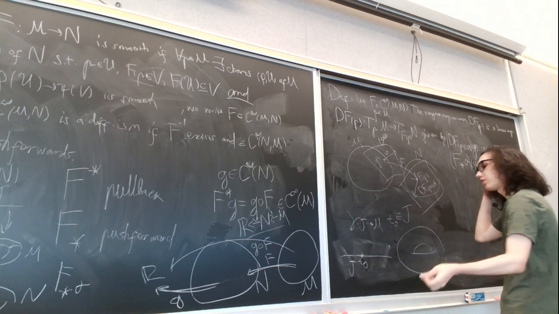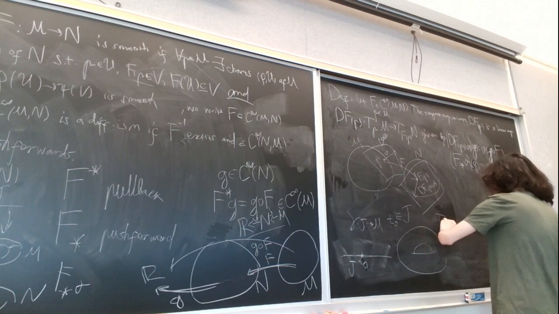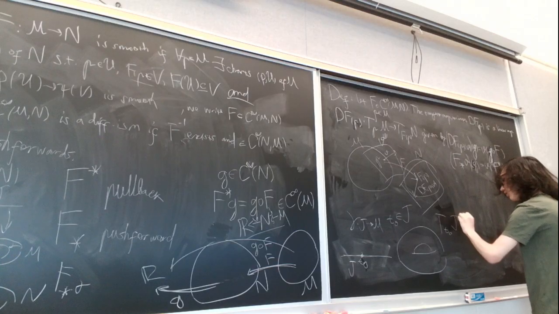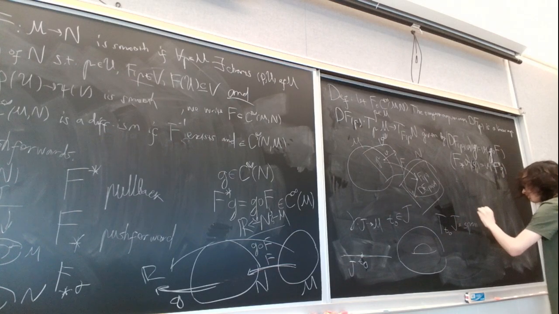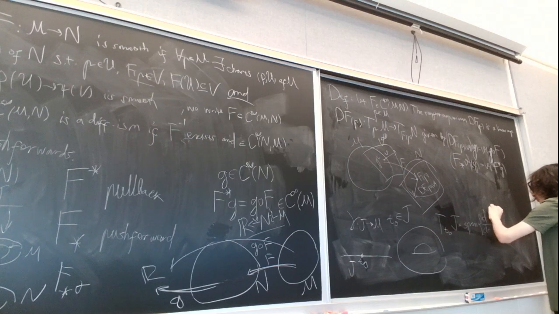Because it's a one-dimensional manifold, the tangent space at t0 of J is exactly the span of d/dt at t0.